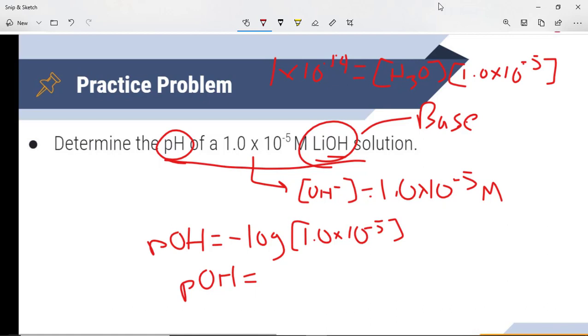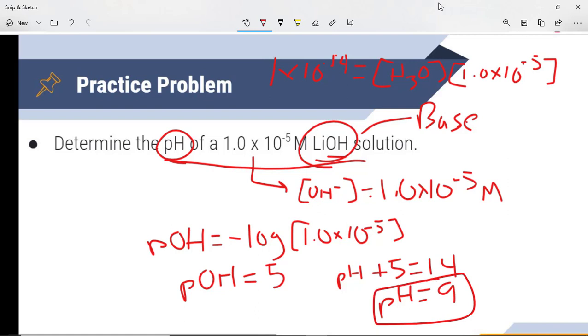And so I get the pOH of this as being 5. And I remember that pH plus pOH must equal 14. So my pH here is 9. And is this acidic or basic? Well, because the pH is greater than 7, this is a basic solution.